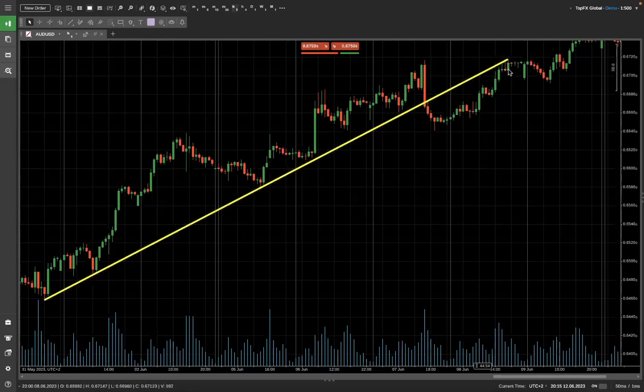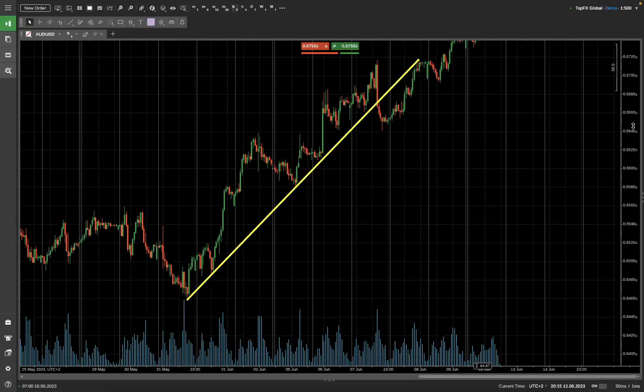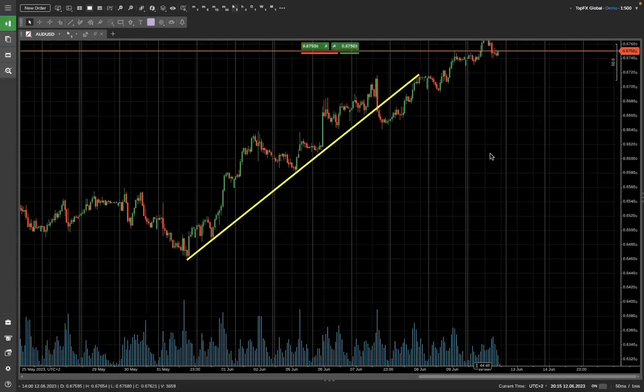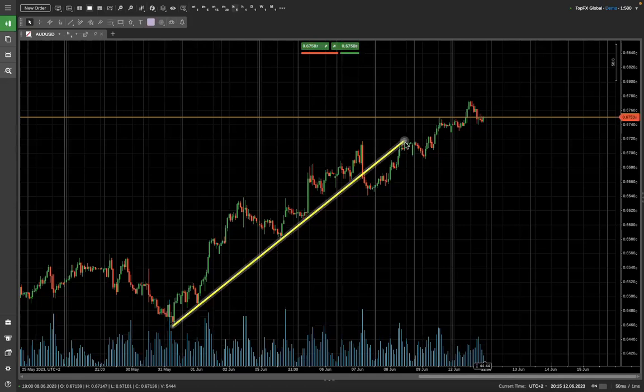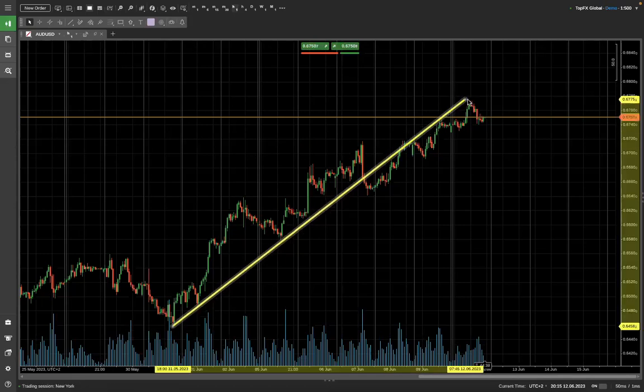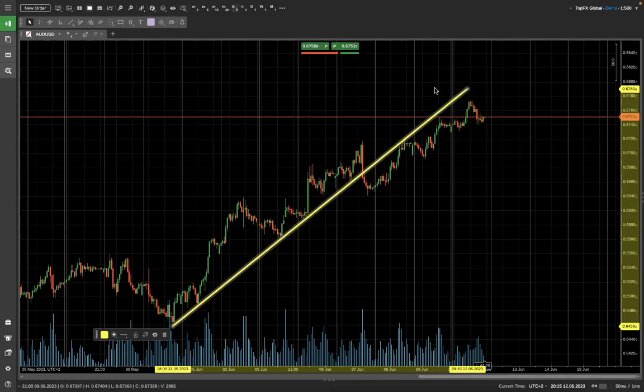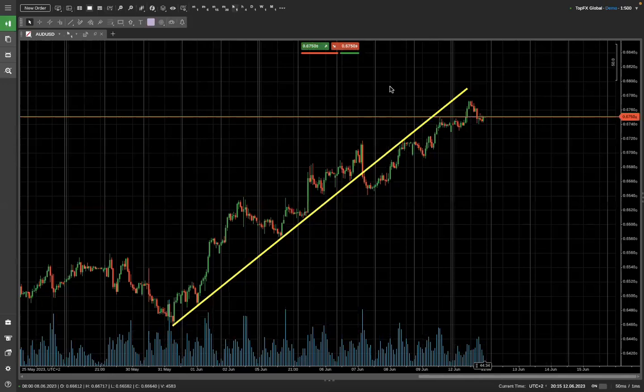As you can see, the market consolidates, goes a little bit lower, and then eventually the market continues this up move even higher. I'm not quite sure if I will be able to draw it very precisely, but it's supposed to look something like this. Very nice trend line.